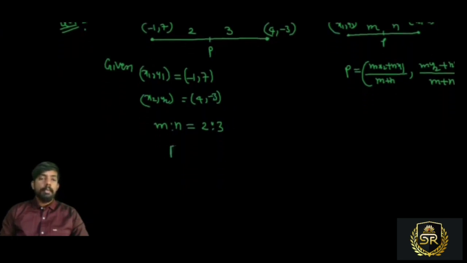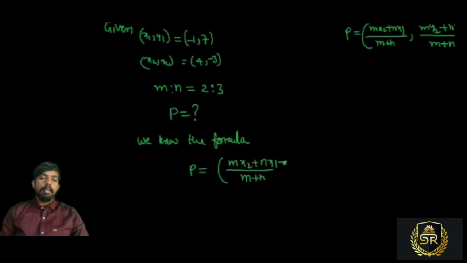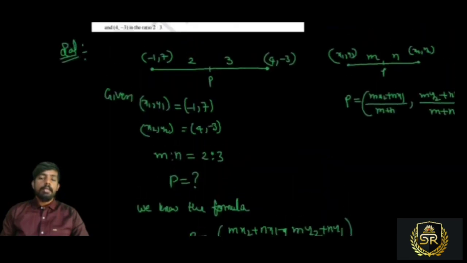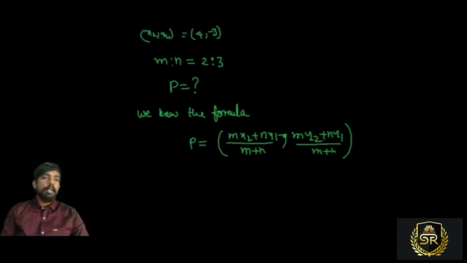He is asking what is the P point. Then we know the formula. P is equal to mx2 plus nx1 by m plus n comma my2 plus ny1 by m plus n.